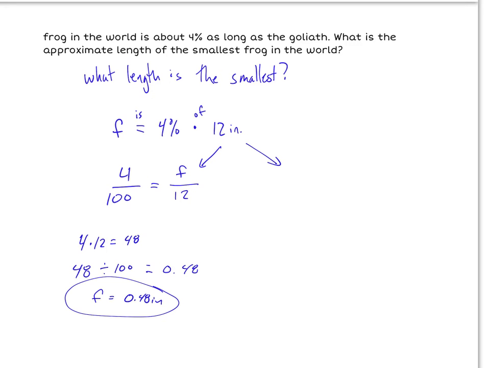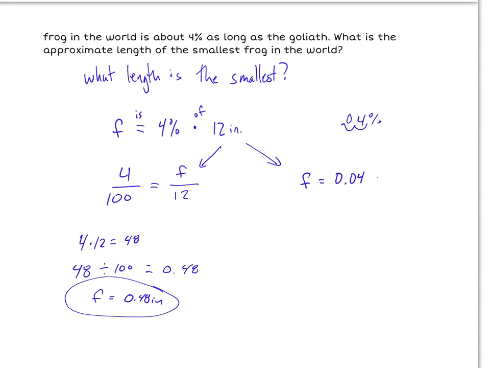The other way, convert. So we get our smallest frog is, what's 4% as a decimal? Who can help me with that one? Grady? 0.04 because it's 2 hops. So we got 4%. We go 1 hop, 2 hops. We got to put that 0 in there.